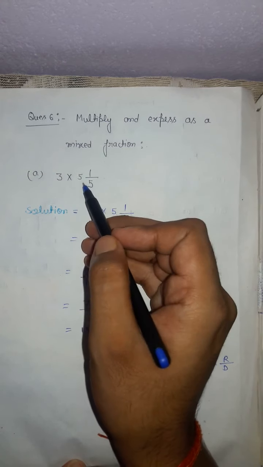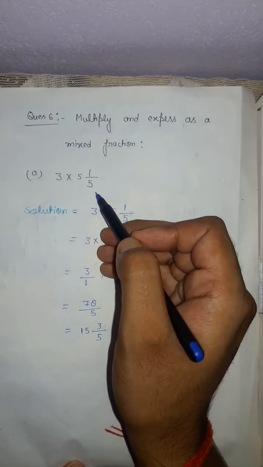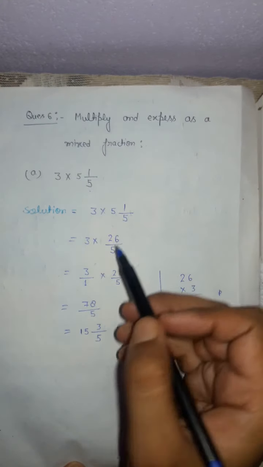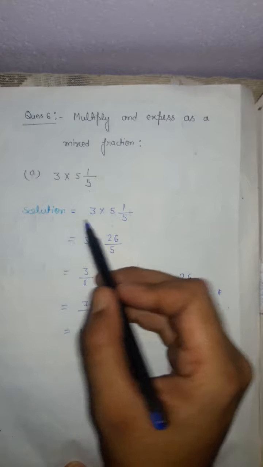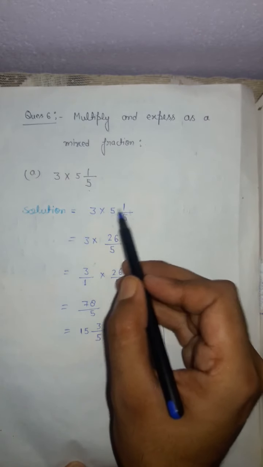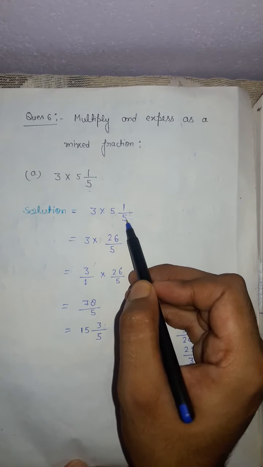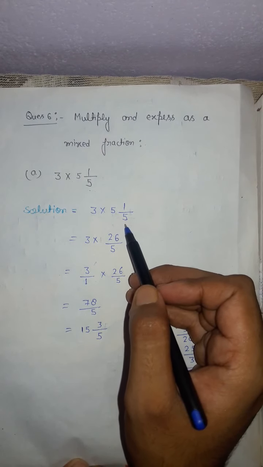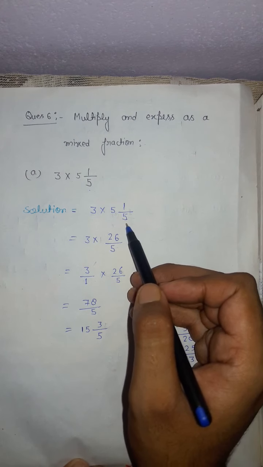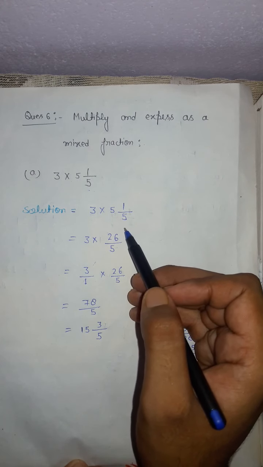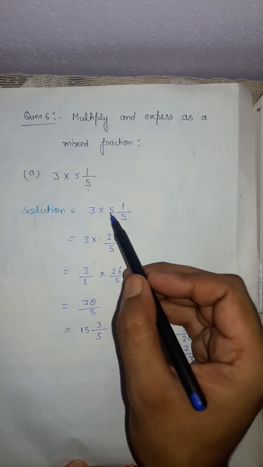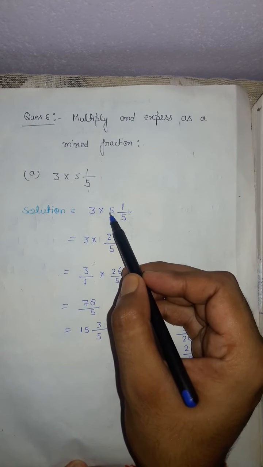See, 3 into 5 whole 1 upon 5. Start now, see the solution. If any mixed fraction is given, first we have to convert it into an improper fraction. 5 fives are 25, you have already studied this in 6th class.